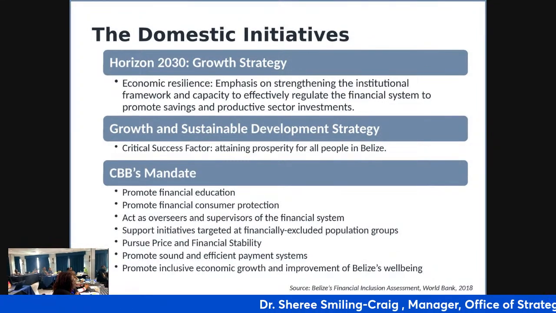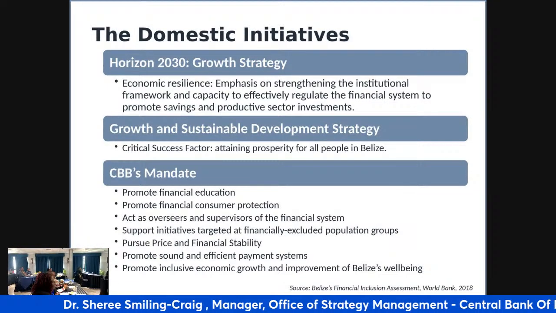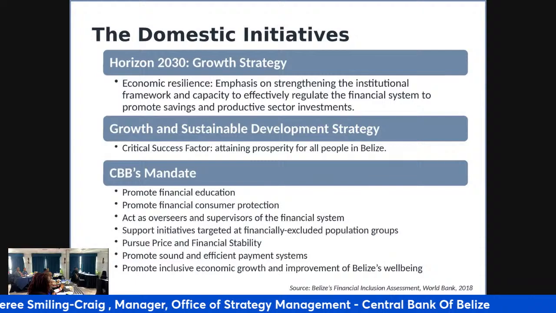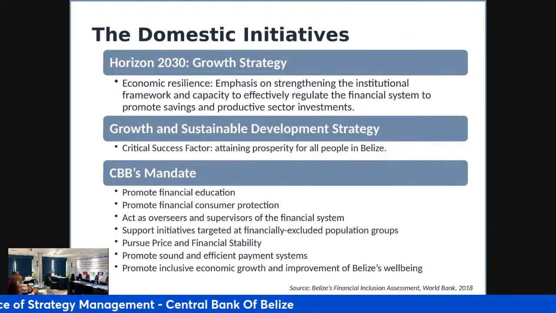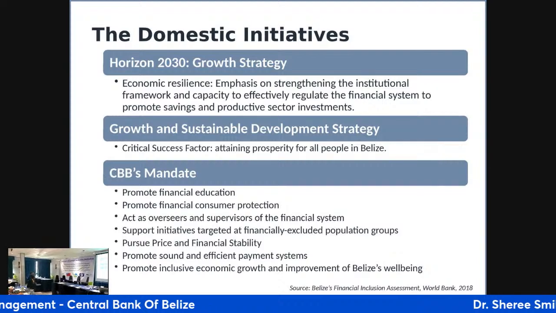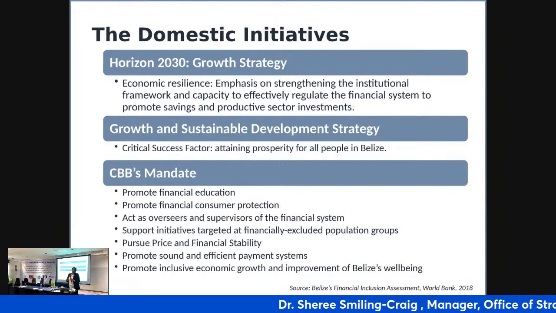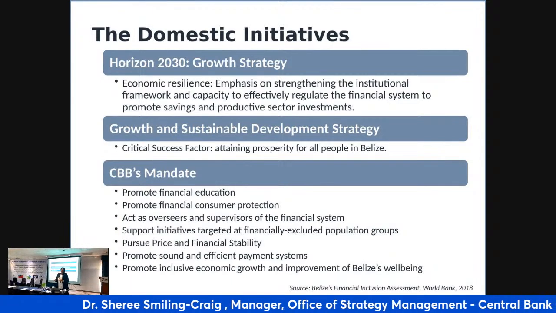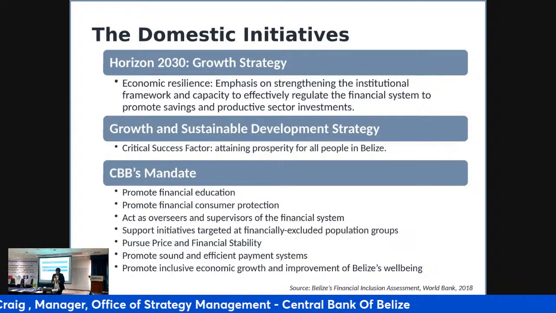We want you to know about loans and savings and mortgages and investment and opportunities with using financial products and services. So we want education. We also want to promote financial consumer protection. Clearly, we advocate that you go to your financial institution if you have an issue, but if you can't get that issue solved, then you come to the central bank.